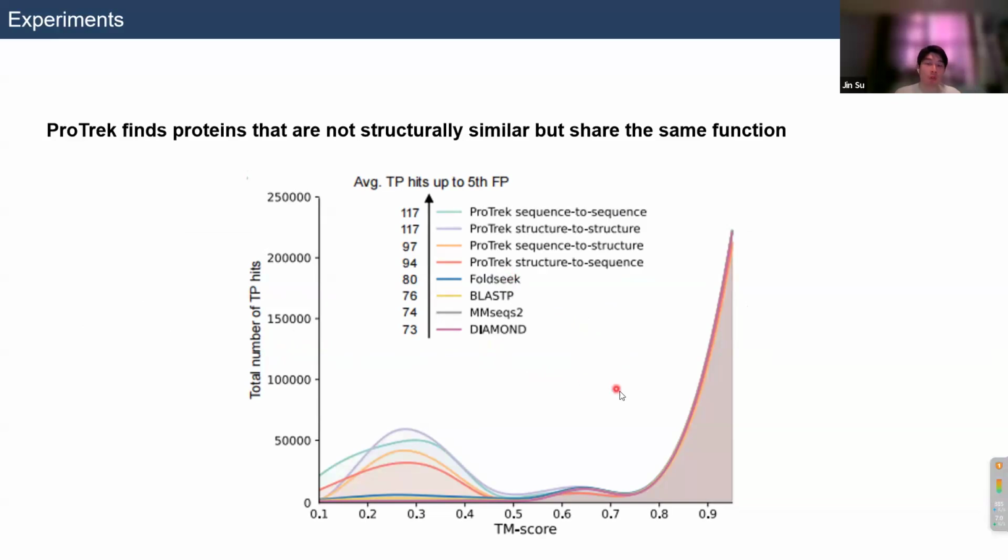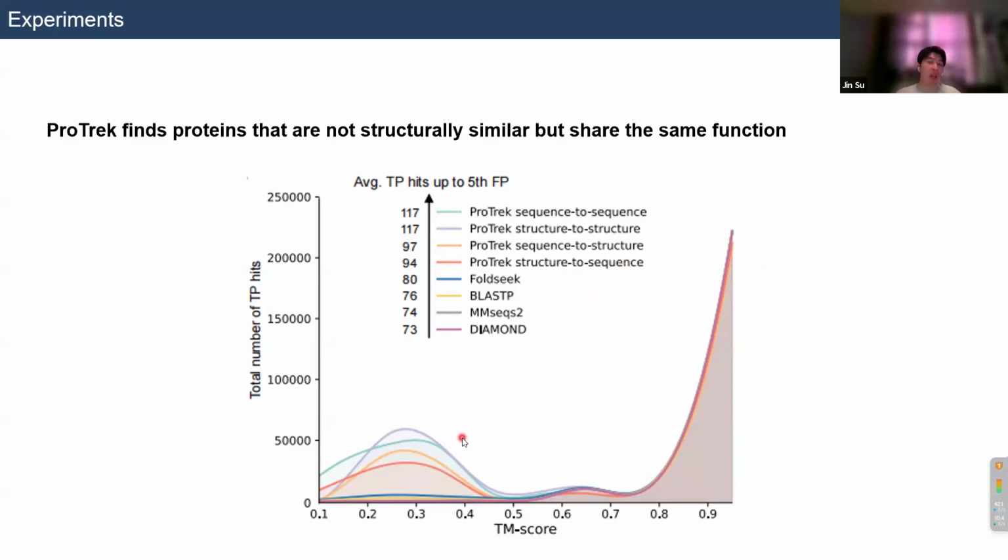You can find that all models and tools can find proteins that have high TM scores. All proteins that have high TM scores can be found by ProTrek or Foldseek or these alignment-based tools, because they find proteins based on sequence or structure similarity.